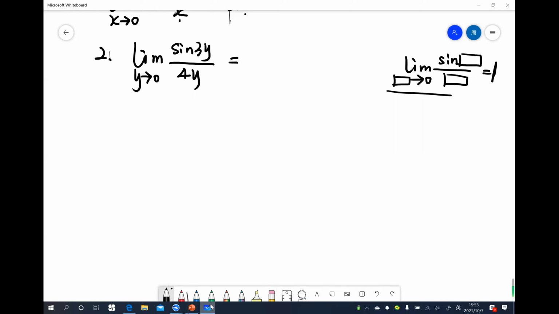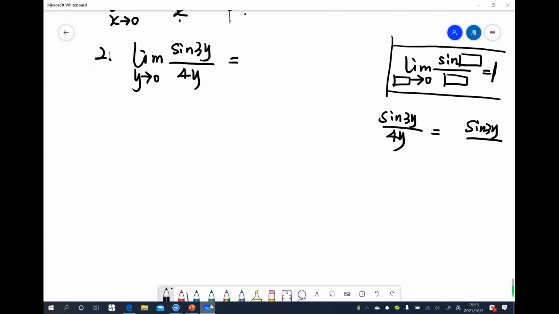So I want to use this formula. Then here I see that is 3y, right? So I will write here sine 3y by 4y. So I want to use this formula, so that is sine 3y.